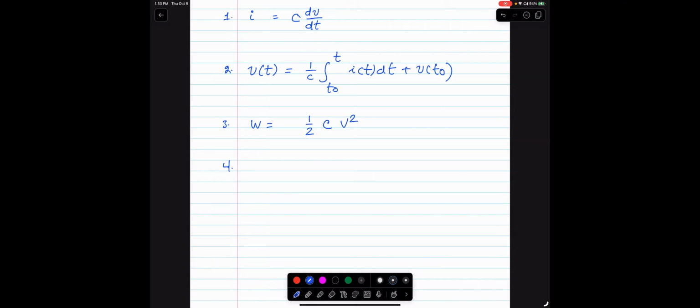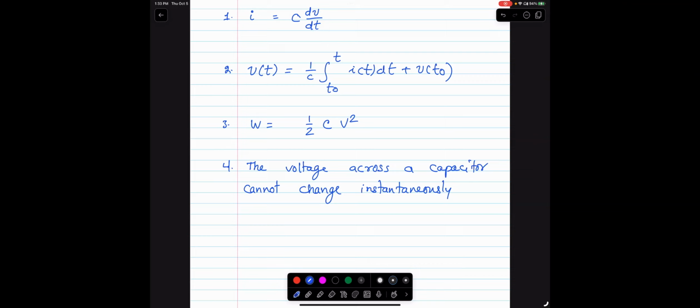The fourth concept that Aguilar presented is that the voltage across a capacitor cannot change instantaneously, much like the current through an inductor cannot change instantaneously.